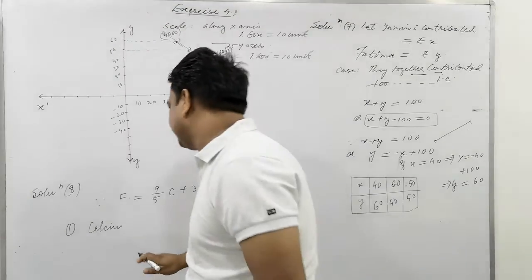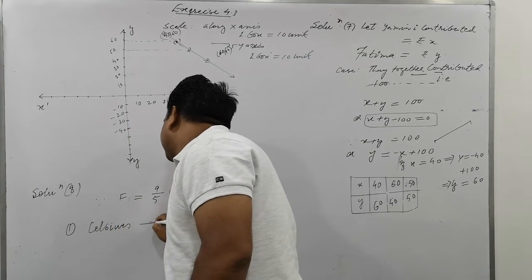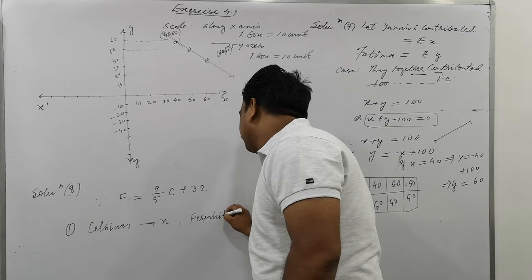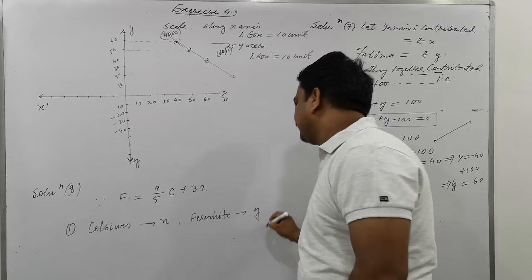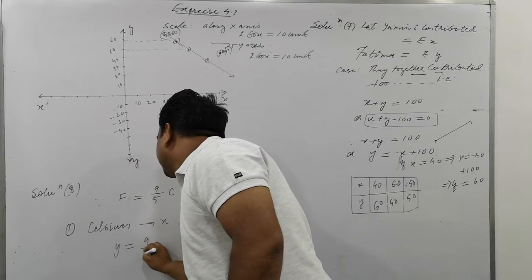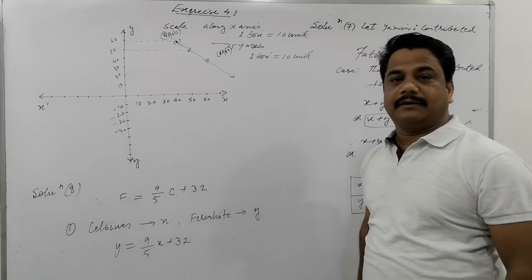Celsius is to x-axis, okay? Fahrenheit is to y-axis, okay? So the expression will be y is equal to 9 by 5 x plus 32. Like this. The first part of the solution is there.